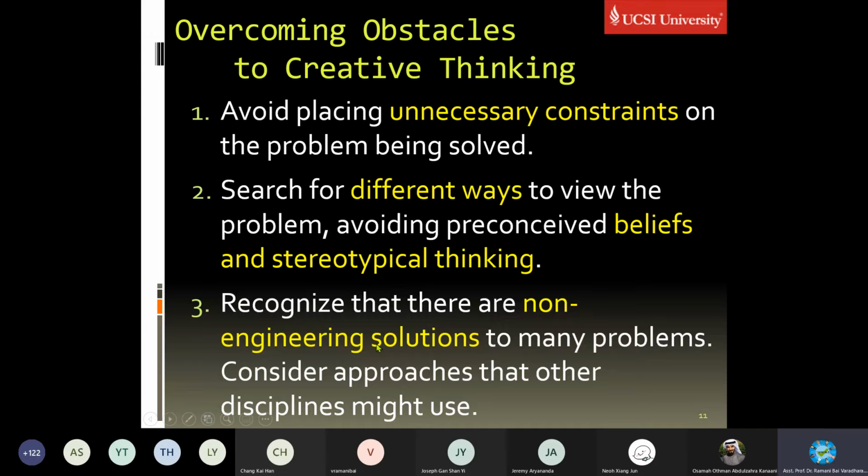Recognize that there are non-engineering solutions to many problems. Consider approaches that other disciplines might use. That's why I say, number one, you talk to people, right? That itself is meeting multidisciplinary people. Another one, for getting solutions, especially if you're doing your master's by research or PhD by research, your FYP project, right?